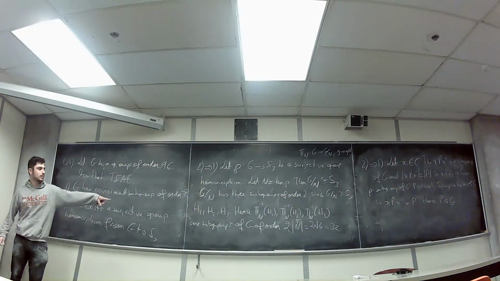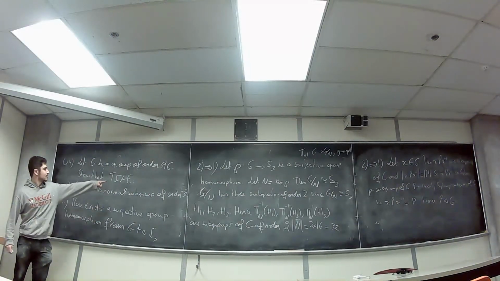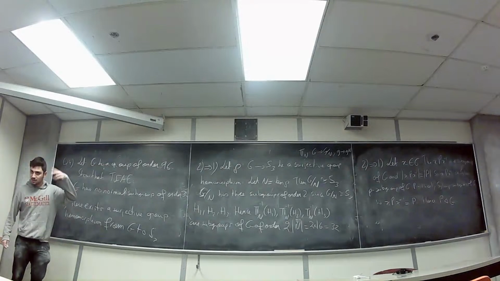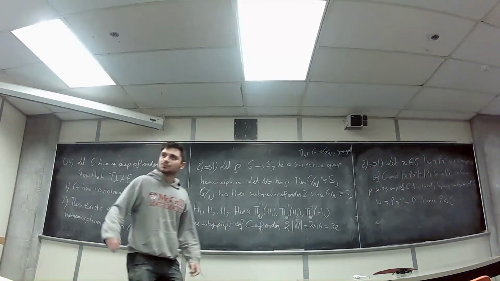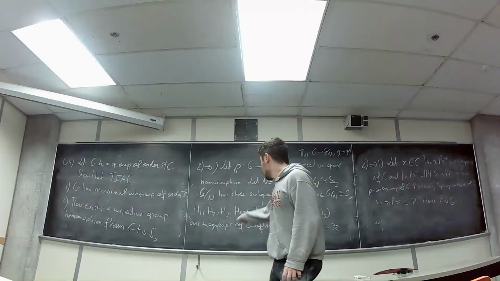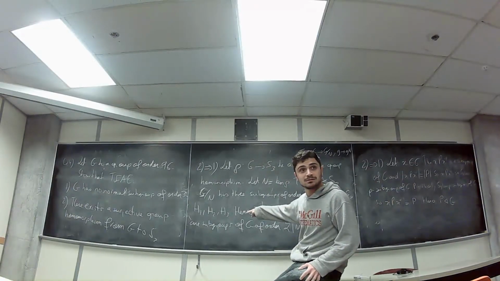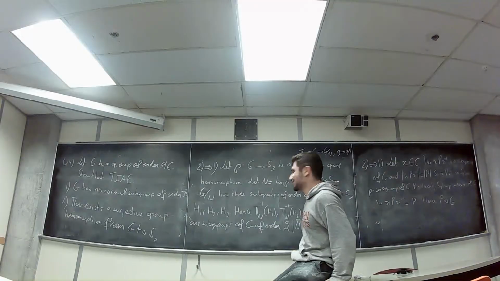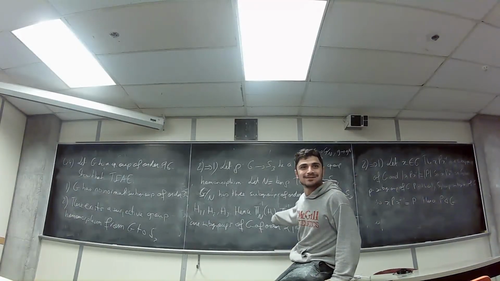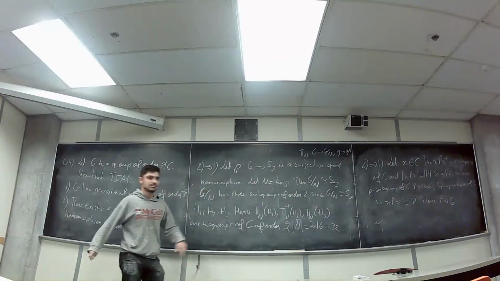How many Sylow 2 subgroups do I have? A group of size 32 is a Sylow 2 subgroup, right? Because 96 is 32 times 3. At least 3. So the size is 32. Where did the 2 come from? The size of H1, H2, H3.